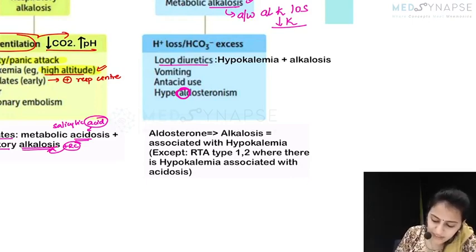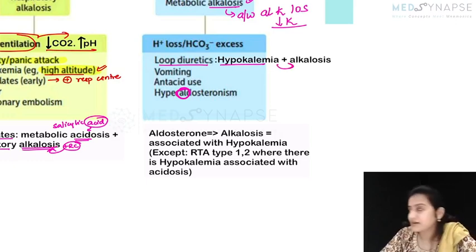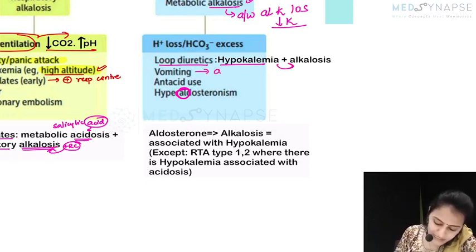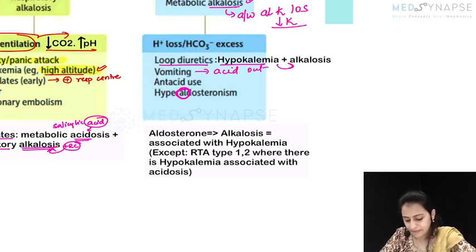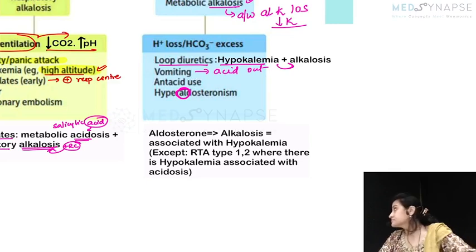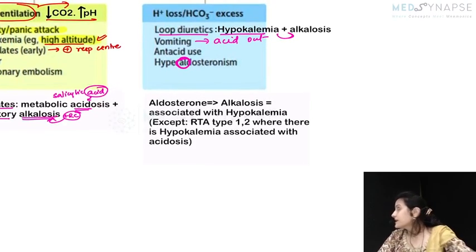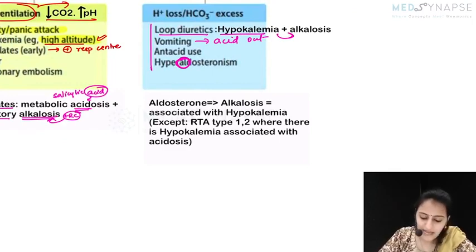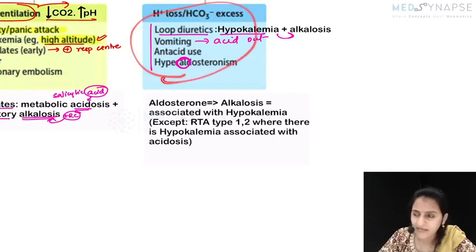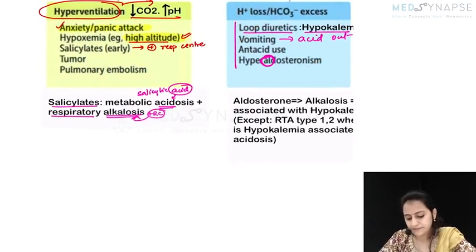Loop diuretics cause hypokalemia, cause alkalosis. Vomiting is acid going out, causes alkalosis. Right, so remember that these are the causes of metabolic alkalosis. This has nothing to do with the lung. So these are metabolic causes.